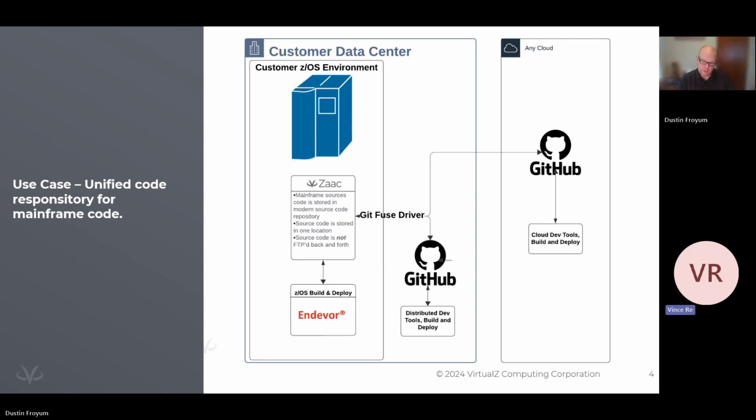I mean, this model, forget Zaac for a minute, works fine if you're, let's say, developing in Java, or maybe if you're developing in C and you're using Unix services and that distributed mentality of how you build your application. It works fine in that case. Where you start to stumble is when you have things like the examples I used. I still want to use mainframe tools like the assemblers.